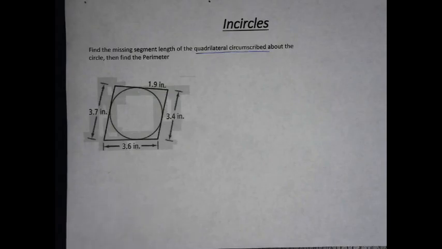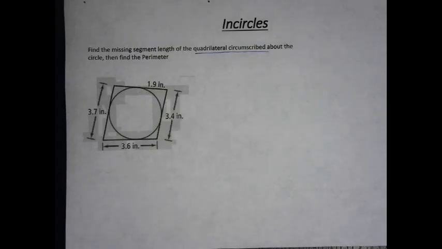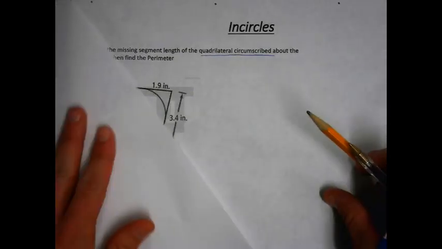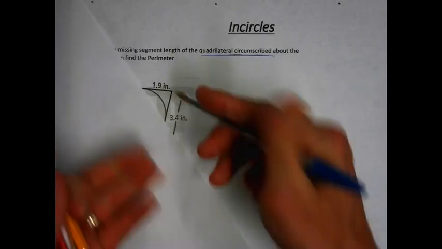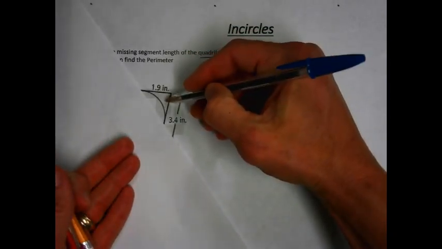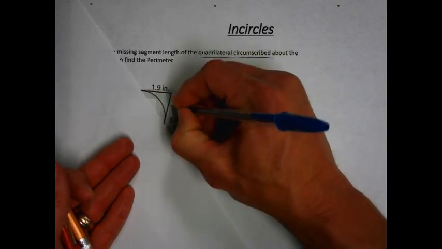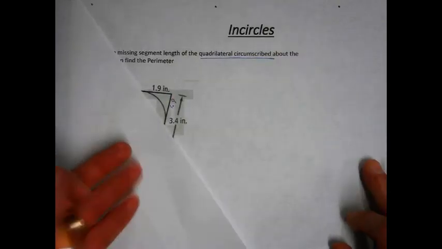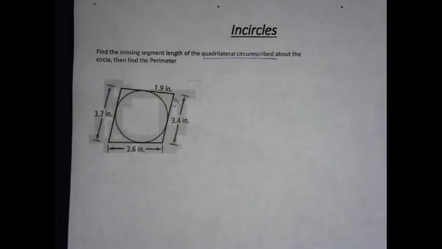So what does that mean? It means according to this note, if we start hiding stuff, we start figuring out other distances. So if I hide the rest of the figure, I know the whole way across is 3.4, but what's this measurement right here? If this is 1.9 here, what's this measurement? 1.9 as well. Very good. Now, the challenge is that's the only measurement piece I have, right?